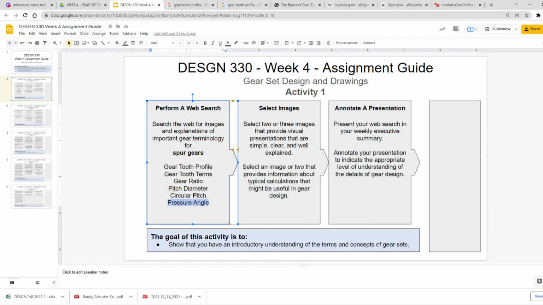Some of these things are all calculated based on other terms. So you would want to look for some images and look those up, and then, of course, present them on the template for the week under Activity 1.